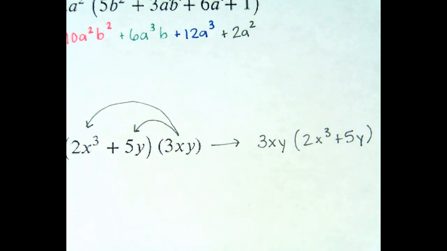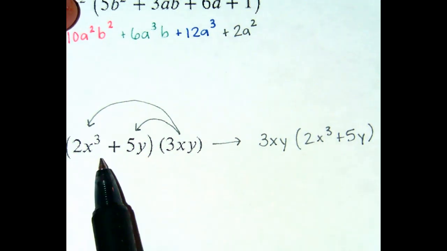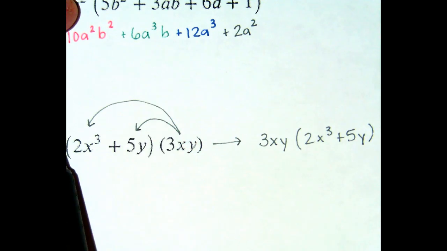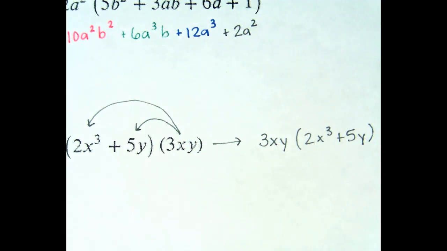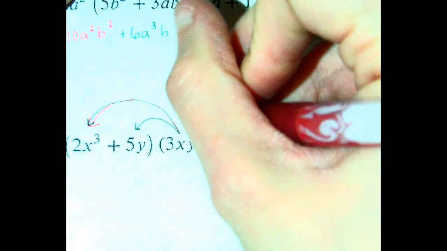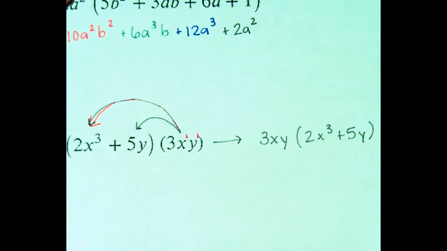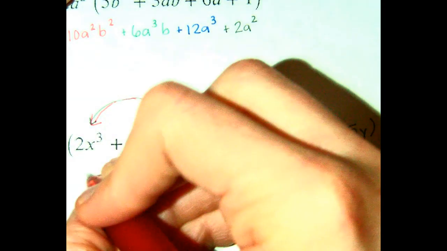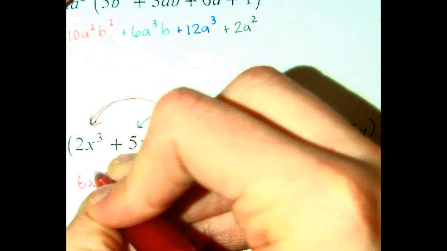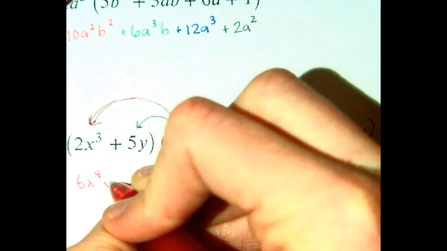You get to choose. Do you want to rewrite them, or would you like to distribute to the left instead? Okay, let's distribute to the left. So I've got 3xy times 2x to the third. 6x to the fourth. Y.